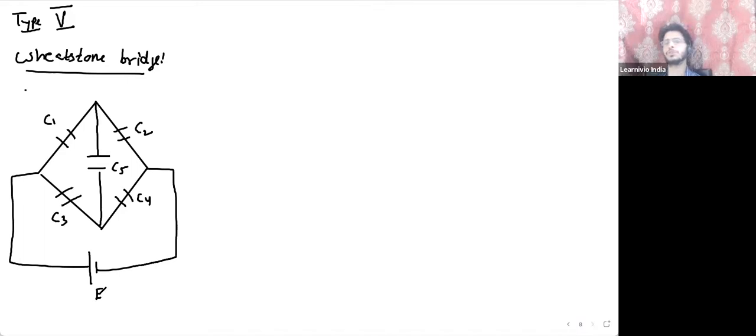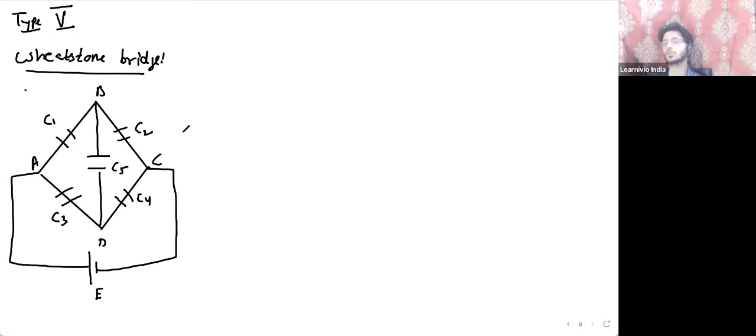C1, C2, C3, C4, and C5. Now, if you closely monitor this circuit, then no two capacitors are connected in series or in parallel. Nothing is in series nor in parallel. This is point A, this is B, this is C, and this is D.